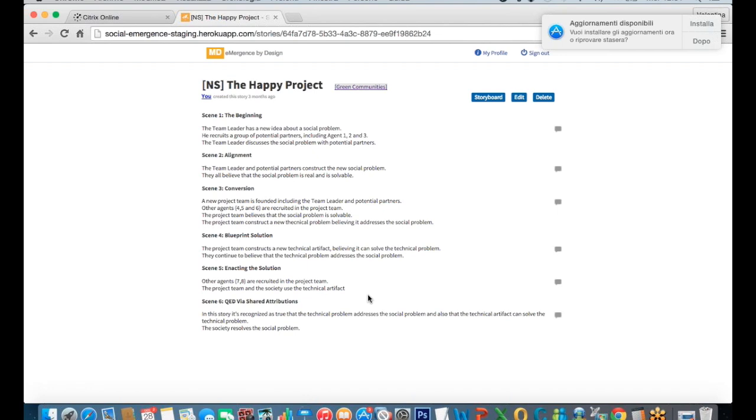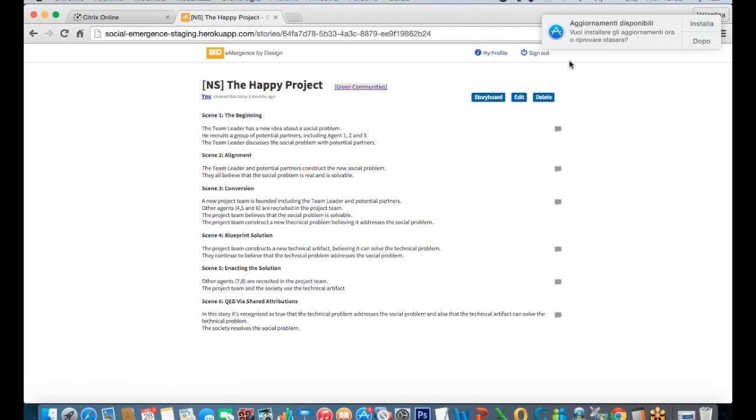Then the fourth scene, the fourth step, let's say, is that the project team construct a new technical artifact, believing that it can solve the technical problem, and they will continue to believe that the technical problem addresses the social problem. The almost final scene is that of the enacting of the solutions.